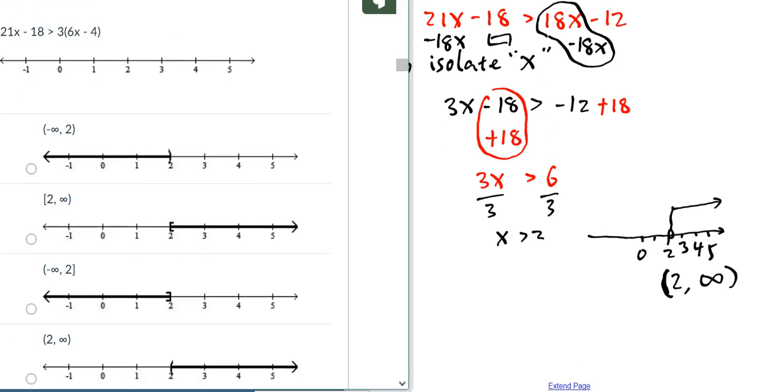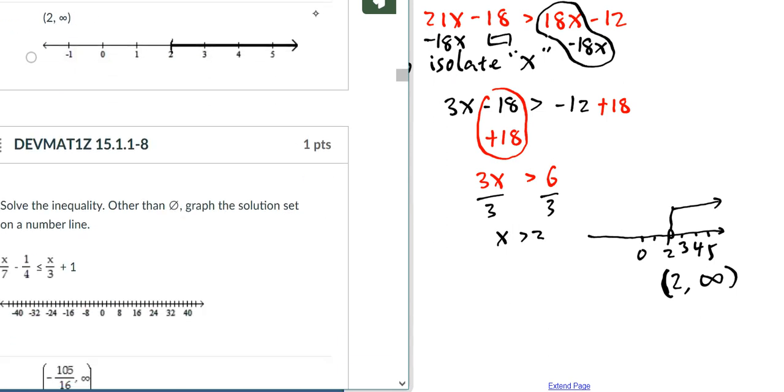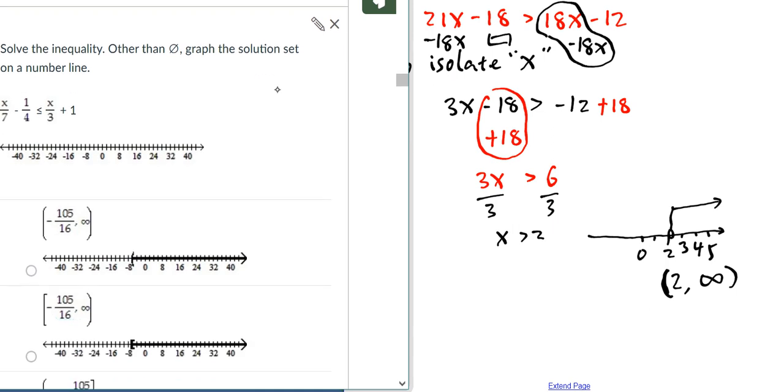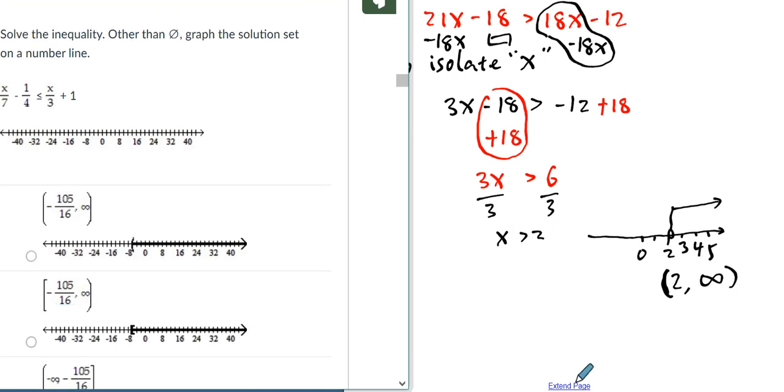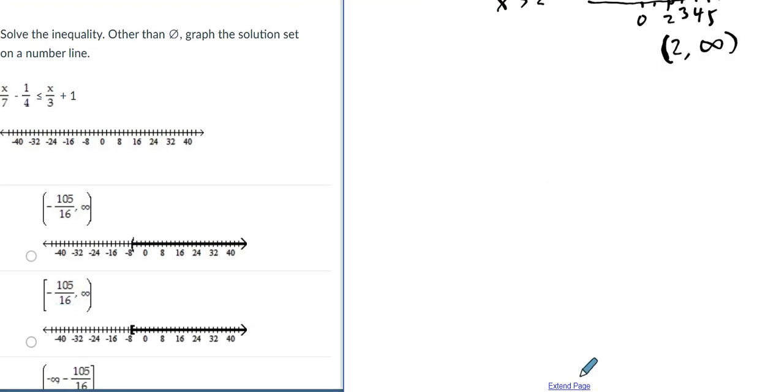The last one. 2 to the infinity. 2 is not included. Okay. All right. Now, let's do the following one. The following one should be our question 5.